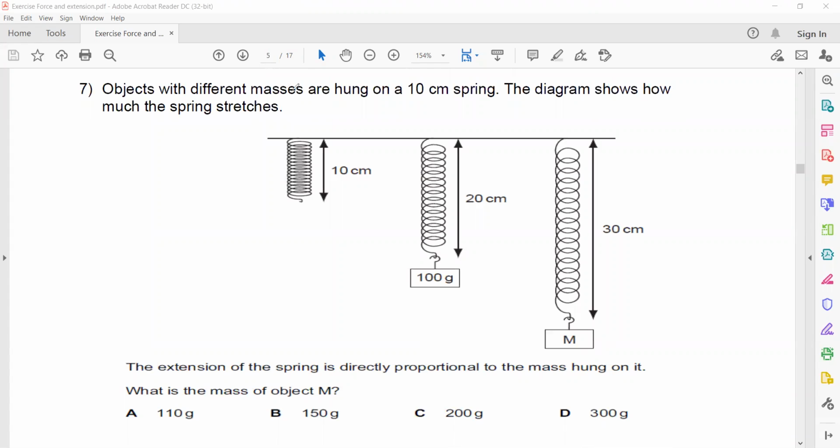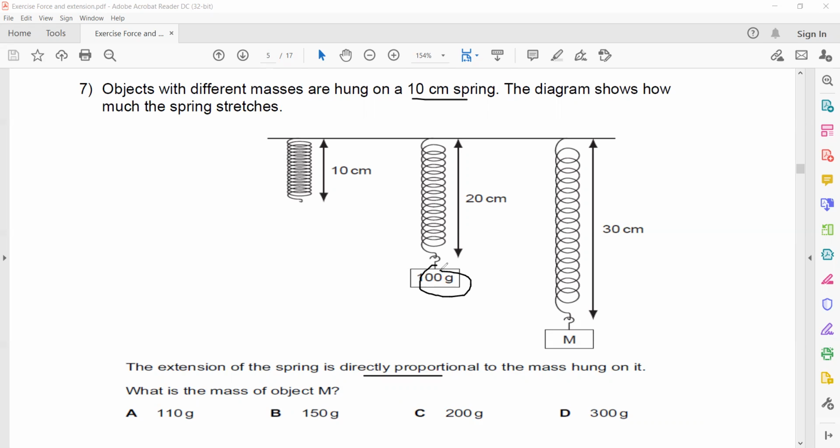Objects with different masses are hung from a 10 centimeter spring. The extension of a spring is directly proportional to the mass hung. What is the mass of M?